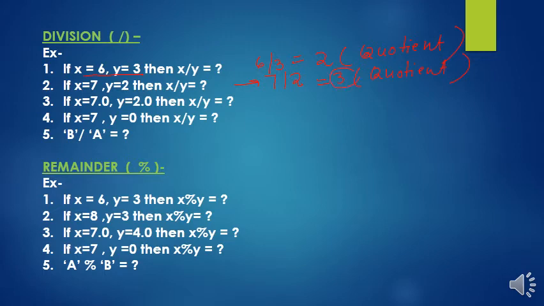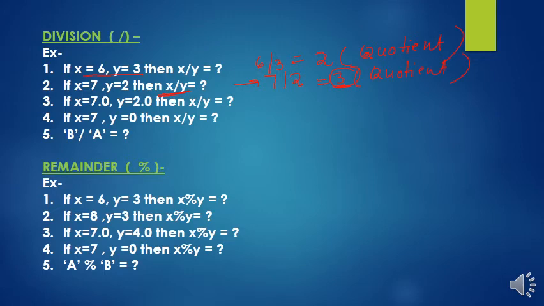Here, children, x and y both values are integers. So the fractional part 0.5 will not be reflected in the output. Thus the answer is 3.